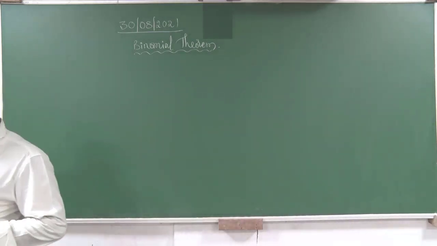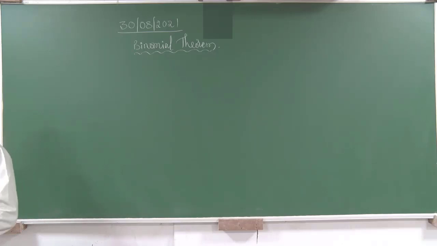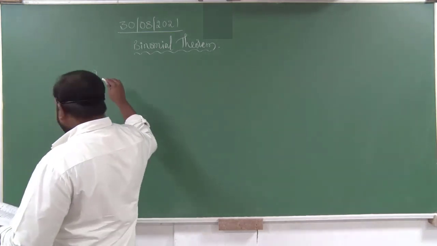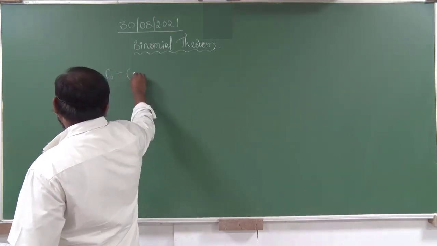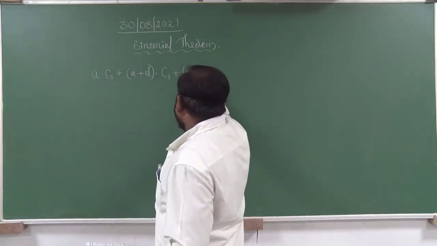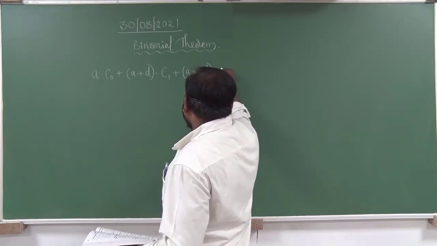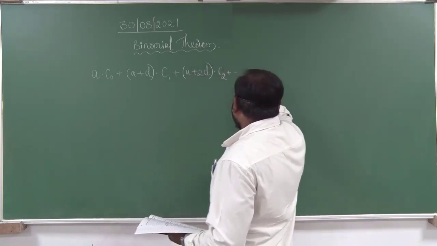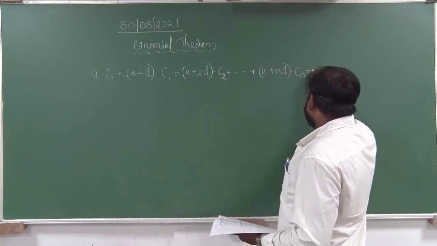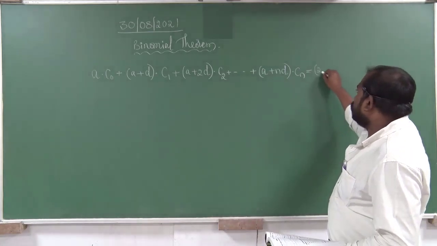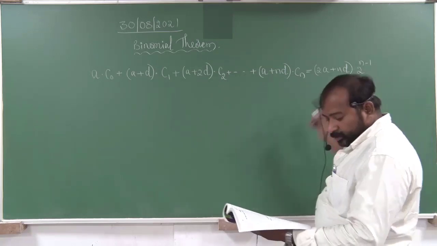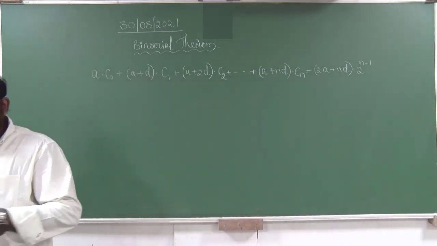Next, in the last class I gave one example: A into C0 plus (A plus D) into C1 plus (A plus 2D) into C2 plus and so on plus (A plus nD) into Cn is equal to, what is the formula we gave? (2A plus nD) into 2 power n minus 1. Even for this one, I also gave the proof.